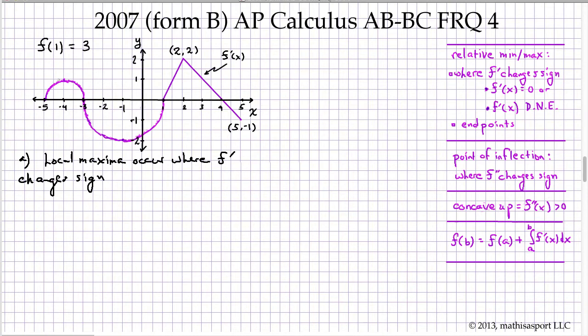Now maxima is when f prime changes sign, if you think about a peak, from positive to negative slope as we go from left to right. From plus to minus as we go from left to right.